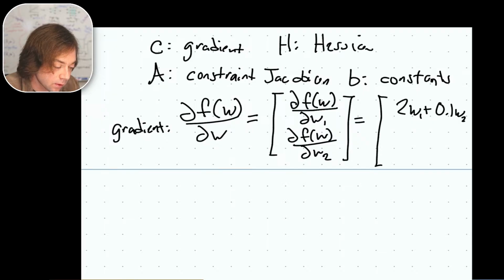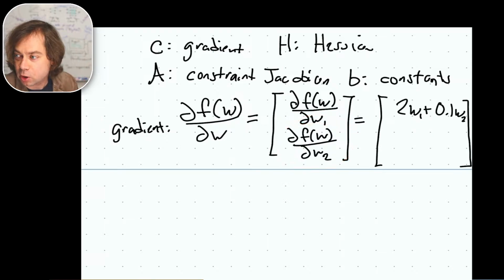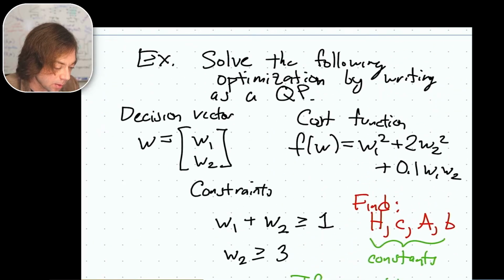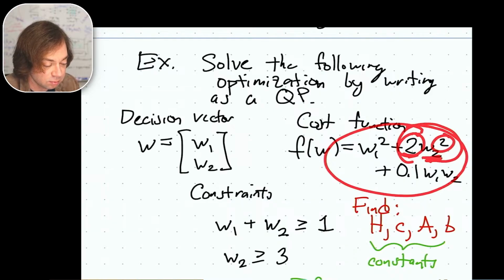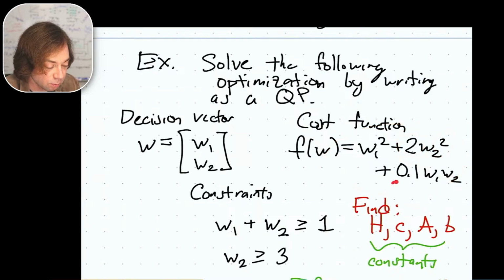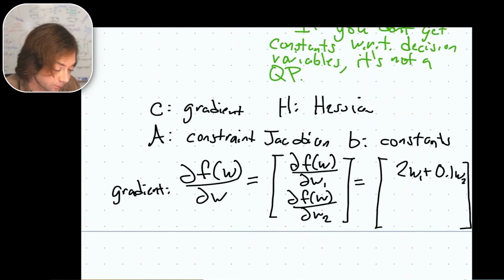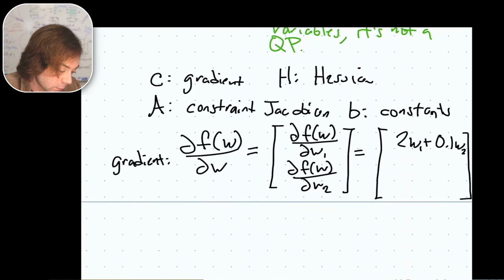Okay. And for the other term, partial cost, partial w2, let's go back up. I see 2 times w2 squared, so take the derivative. That's going to be 2 times 2, so it's 4 w2 plus 0.1 w1. Okay, that's going to be our gradient.